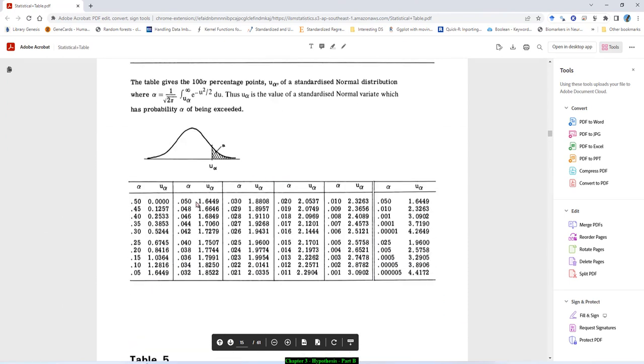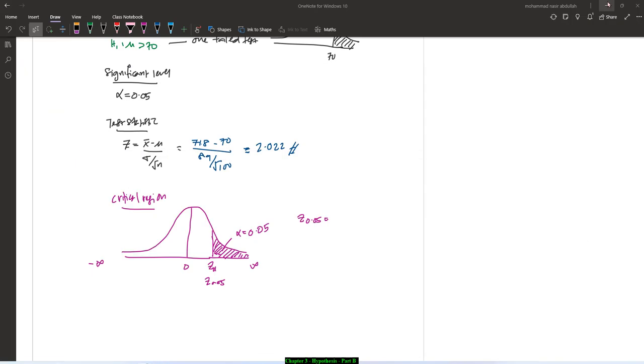Alpha 0.05 should be 1.6449. You need to note that this is the acceptance region, and this is the rejection region.